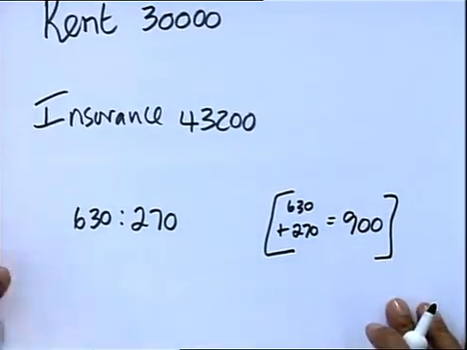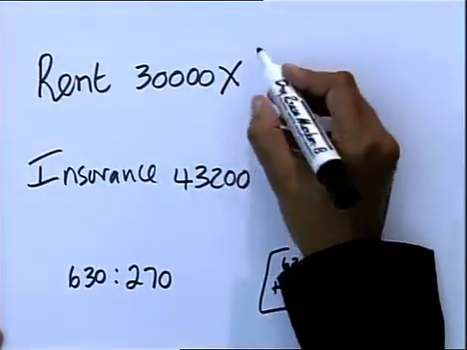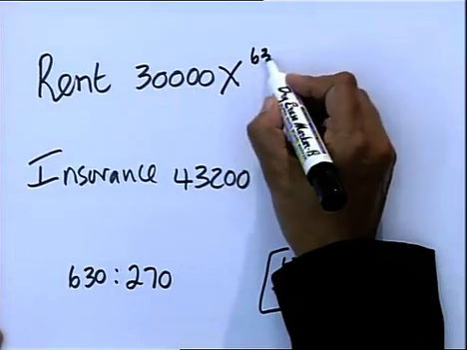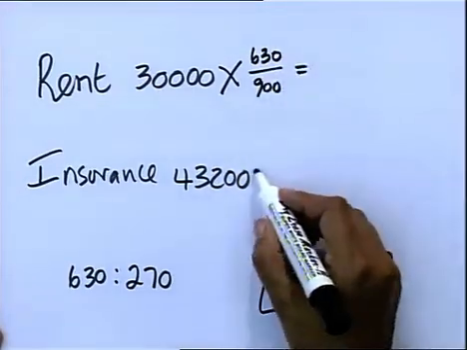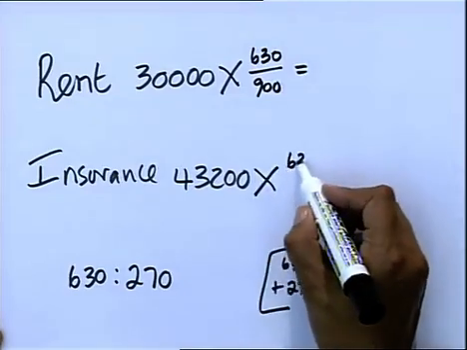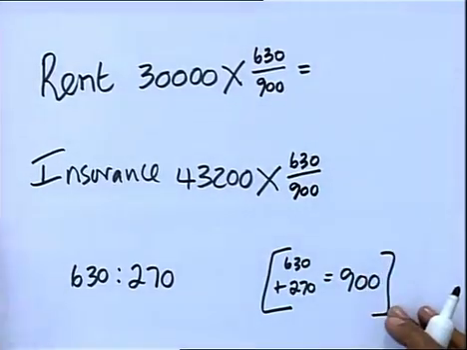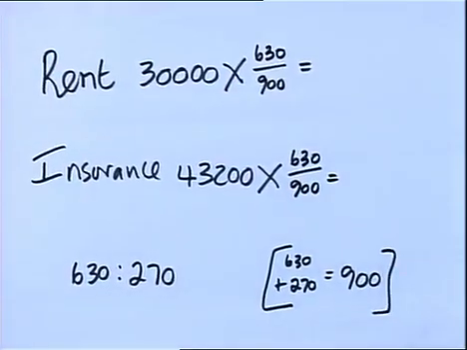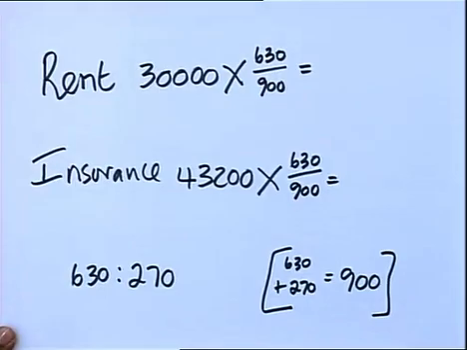So we're going to times that by 630 over 900 to get the factory portion, because the full portion is 900 square meters. Okay, and that is how we're going to work out our rent and our insurance. So let's just get the amount quickly.